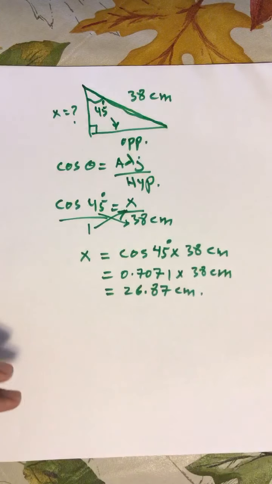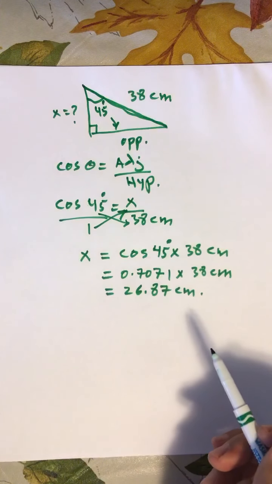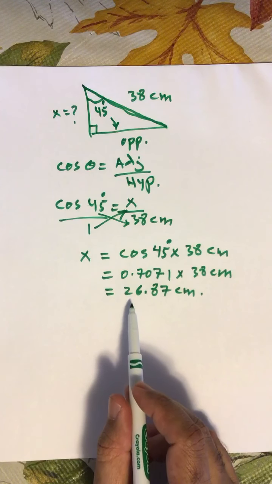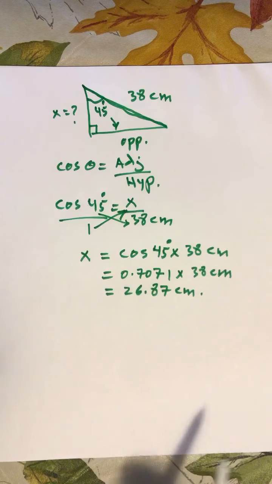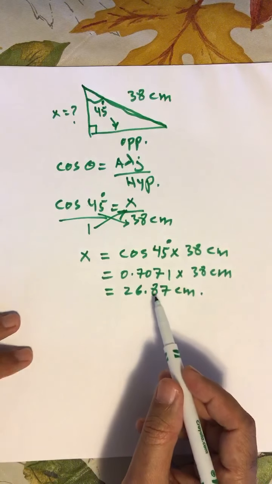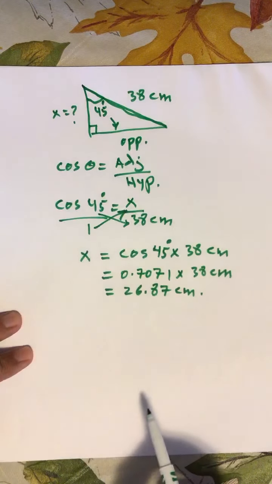You also have to pay attention to the answer. If the question says round your answer to the nearest unit, it should be a whole number, so this one will be 27. If it says round to 1 decimal place, then you have to round it to 1 decimal place. That will be 26.9.